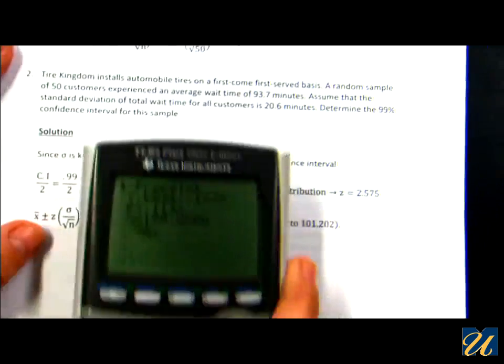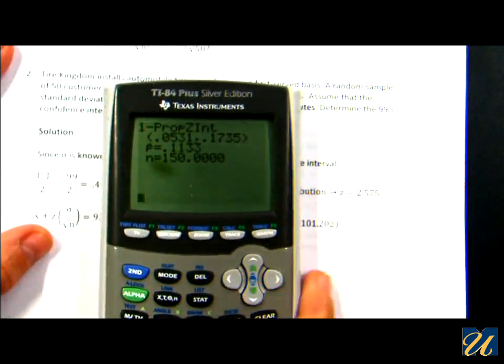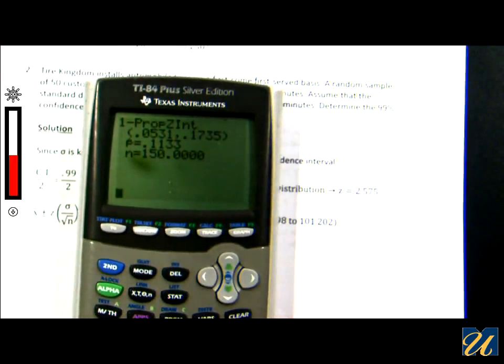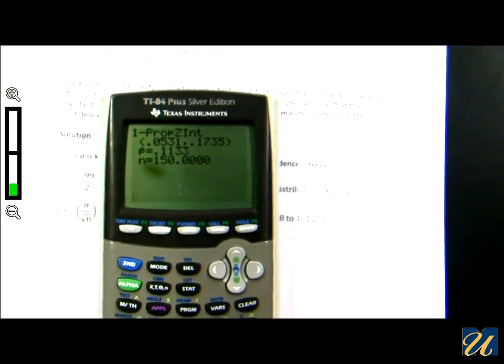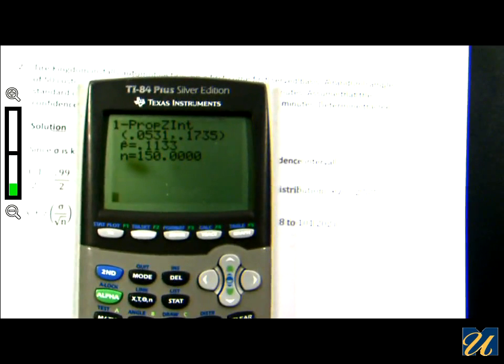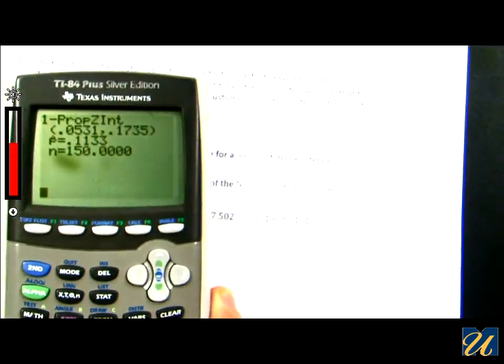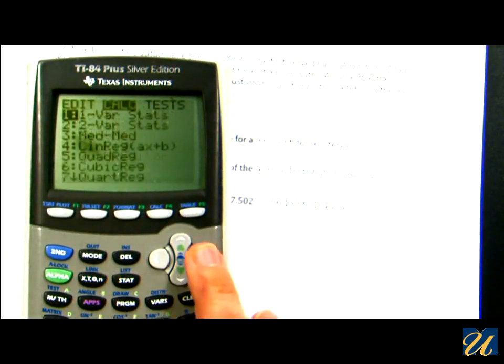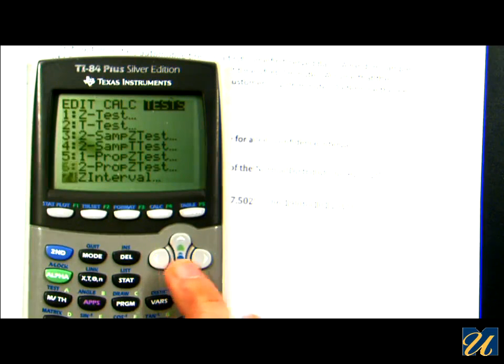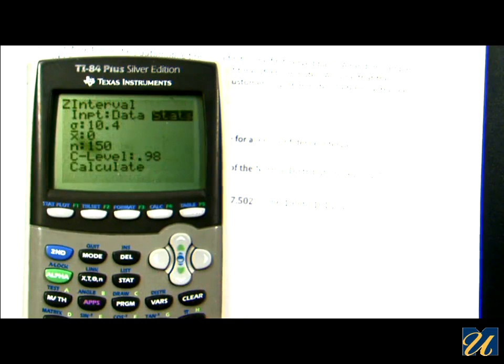So, if we were to use our graphing calculator for this example, let me adjust the light for a minute. We would go to Stat, Test, 7, Z Interval. You want to make sure you're under Stats.